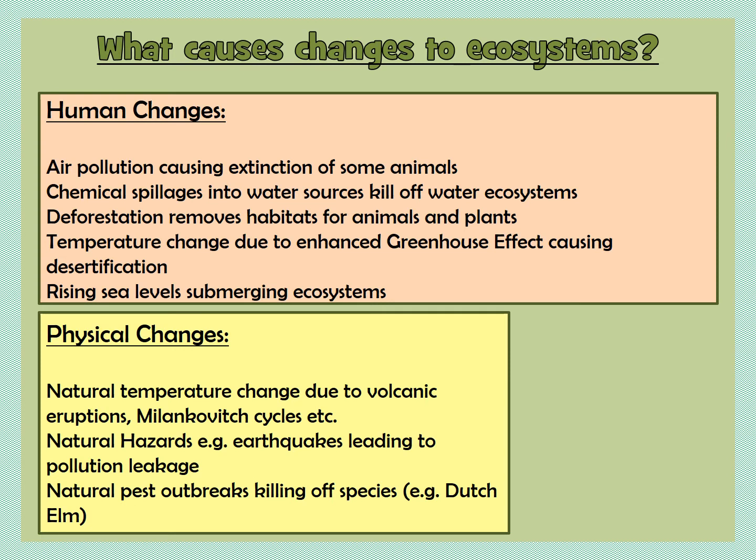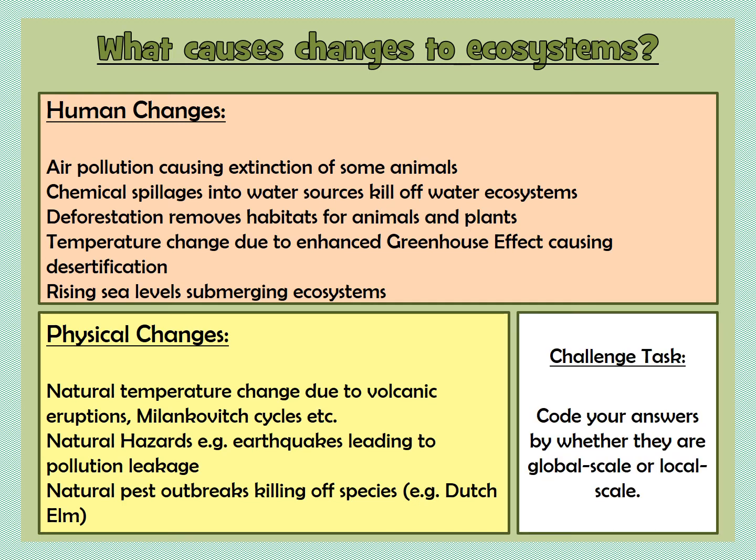After the 2011 earthquake that happened in Japan, there was an eruption of sorts at a nuclear power plant called the Fukushima plant, and that led to leakage of radioactive waste into the nearby ecosystems, which probably will never recover. Natural pest outbreaks, which kill off species, like there's a disease called Dutch elm disease, which kills off elm trees, and that's found its way across most of Europe over the last 50 or so years.